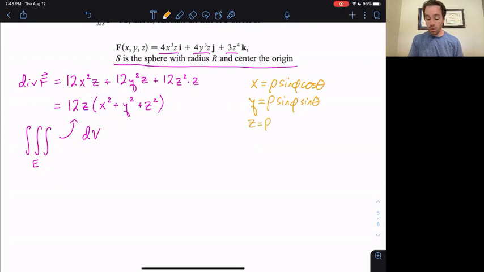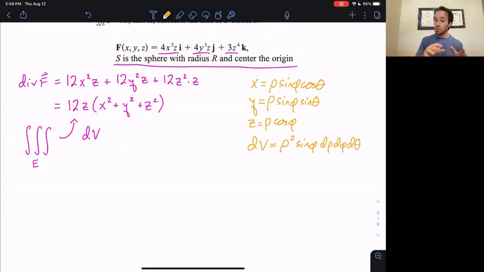And this will be rho cosine of phi. Moreover, for the volume differential, this is going to be rho squared sine of phi d rho d phi d theta.